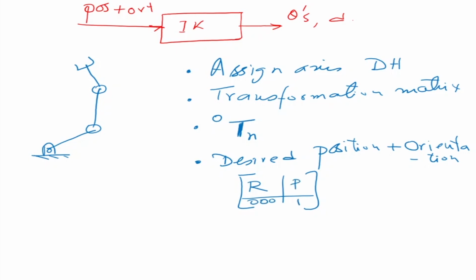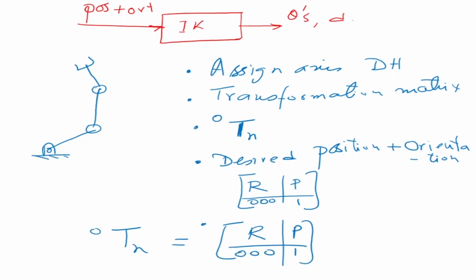So we equate T0 to n to the desired position and orientation of the end effector, then equate terms term by term and try to solve.